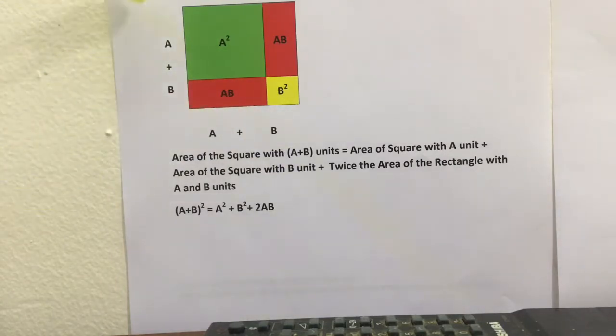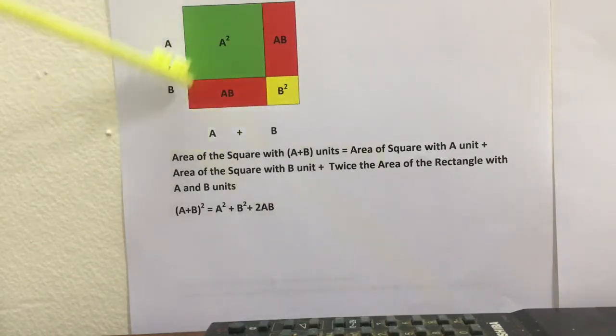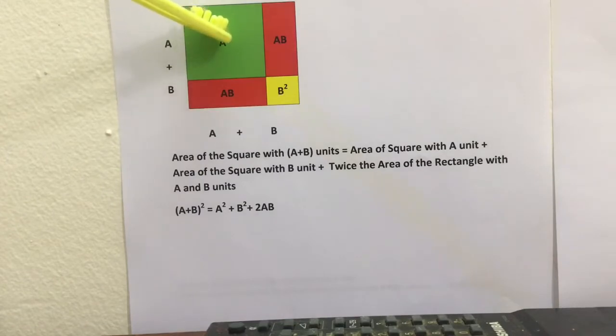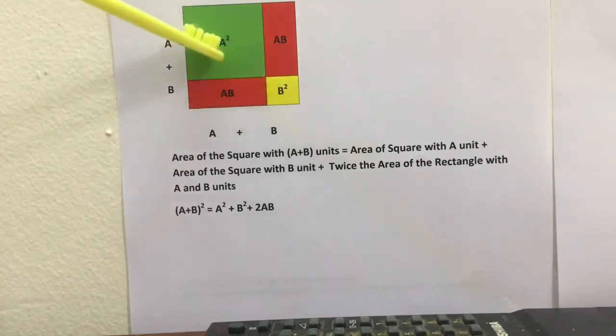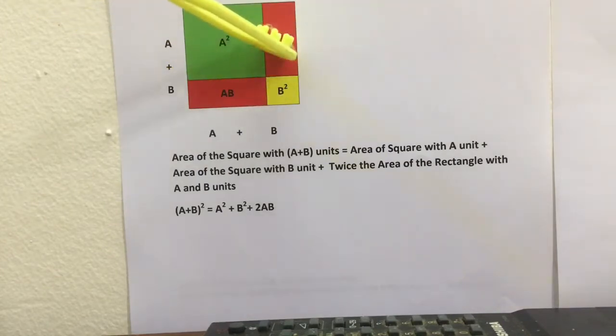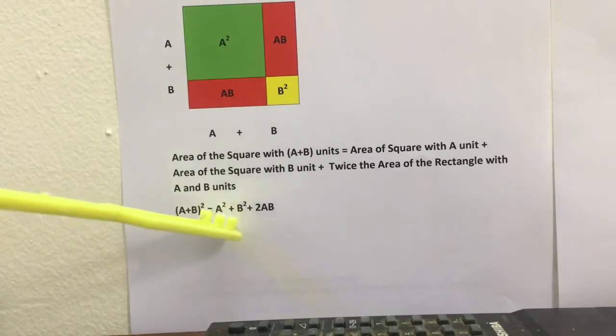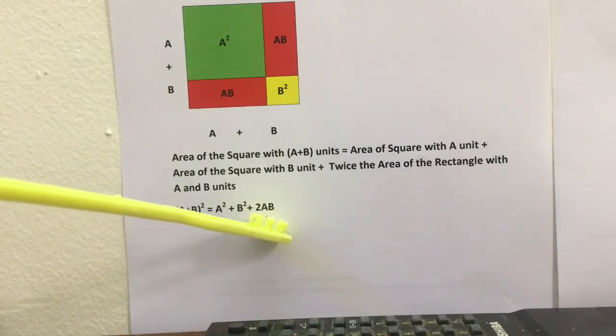So in order to find the area of the square whose side is a plus b, we have to sum the area of these four portions, that is a square plus b square plus ab plus ab. So a plus b the whole square equal to a square plus b square plus 2ab.